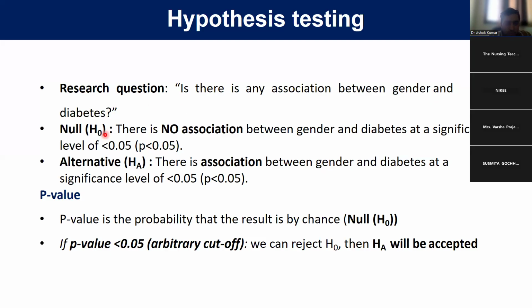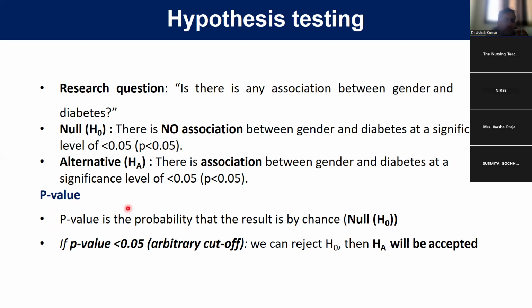For this, the null hypothesis H0 is that there is no association between gender and diabetes at a significance level of 0.05. For the alternate hypothesis, there is a significant association between gender and diabetes at a significance level of less than 0.05.